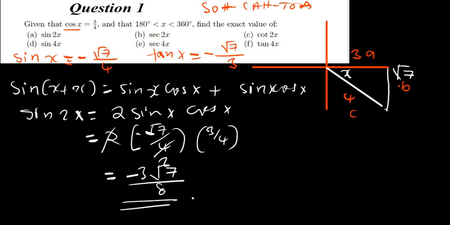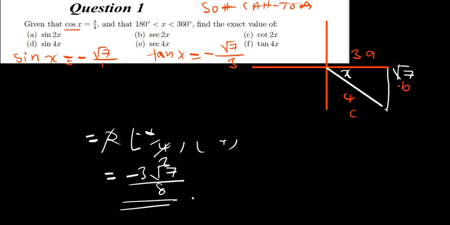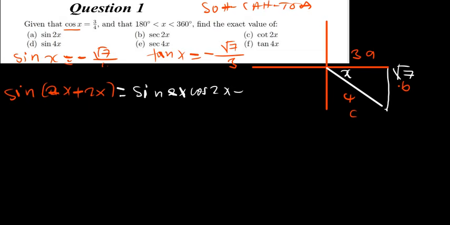Now, someone go ahead and tell me this. I can't plug in the formula directly for sine 4x because I have to do something first. We have said sine 4x is the same as sine of 2x plus 2x, not so? Then I know that this is going to be sine 2x cos 2x plus sine 2x cos 2x.